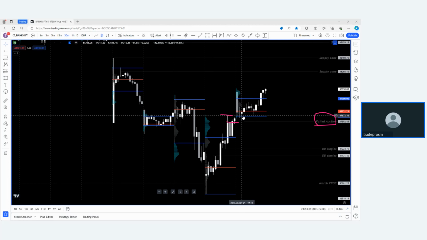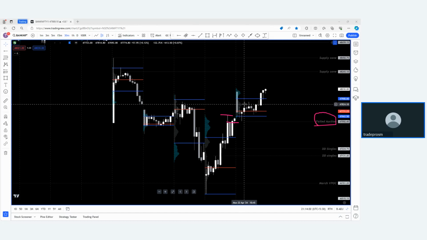That means you should get a follow through by breaking the previous candle high. Here, in the C period we got the probable FA, and the next bar itself we got a follow through higher. So we took out the previous bar high, and we got time framing higher. So follow through was happening immediately.